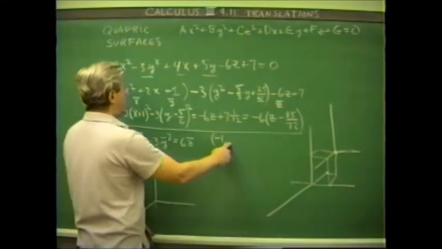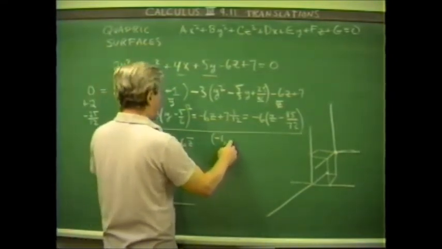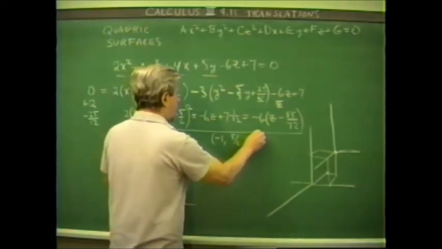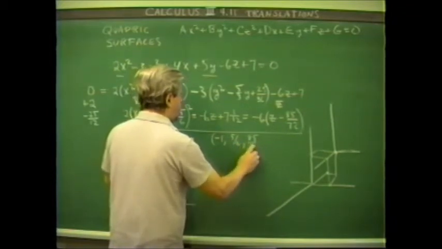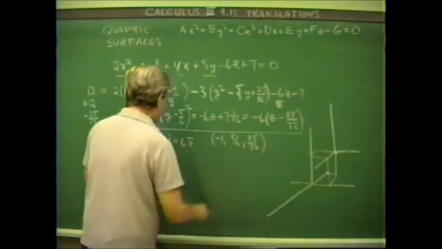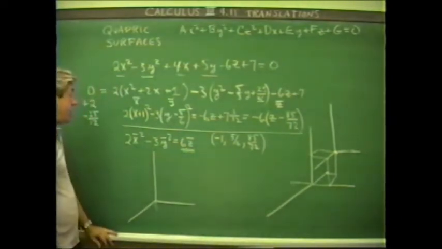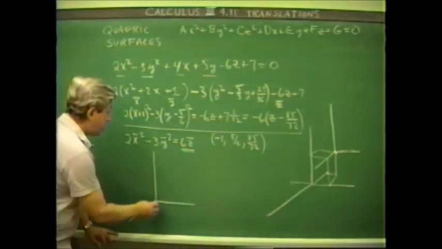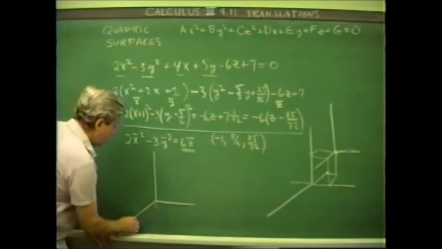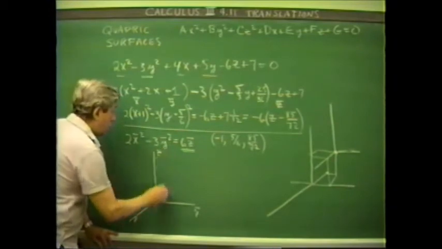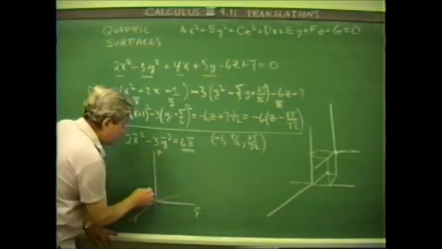This was the center. The center is at minus 1, 5/6, 85/72. Right? Okay. When z is equal to 0, we get two lines in the xy plane, or x bar, y bar plane, and they look like this.